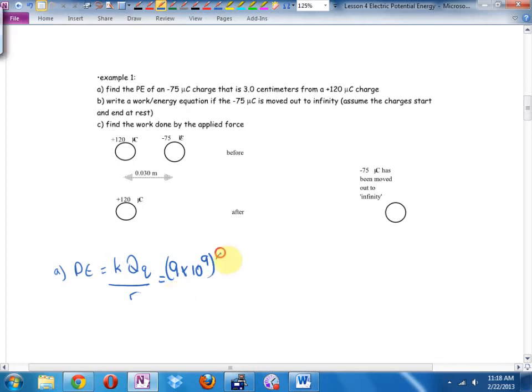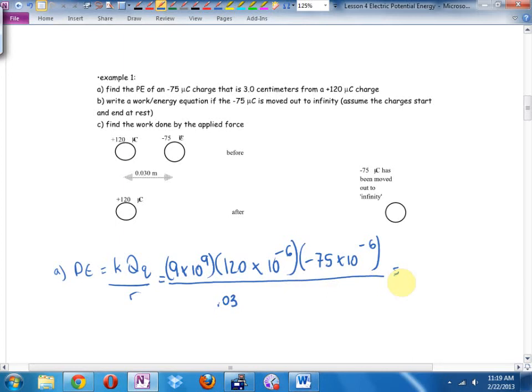So the charge that ain't moving is the 120 micro times 10 to the negative 6 Coulomb charge. We put the negative in for the scalar quantities in this unit. We put the signs in. Divided by 0.03.